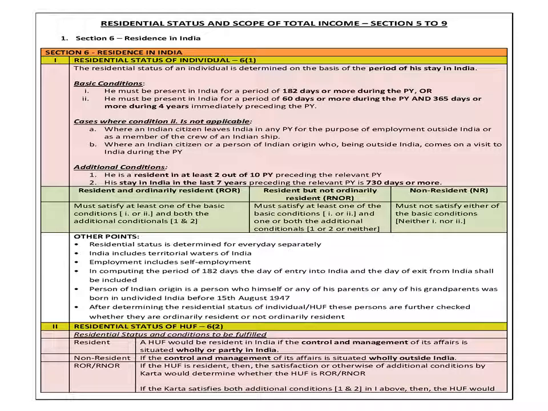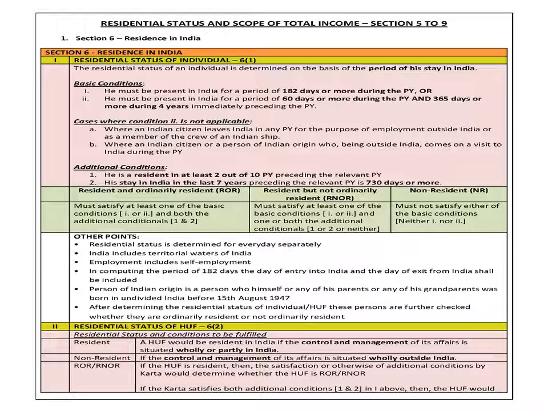Now we have three categories: resident and ordinarily resident, resident but not ordinarily resident (RNOR), and the third category is non-resident. How will people come under these three categories? First, for ROR, what is ROR? Resident and ordinarily resident. That is, the person must satisfy at least one of the basic conditions.